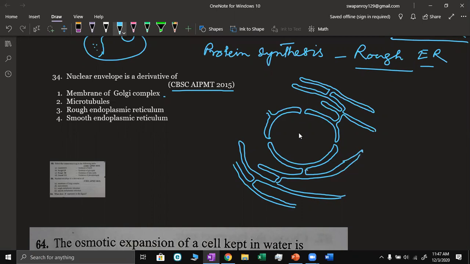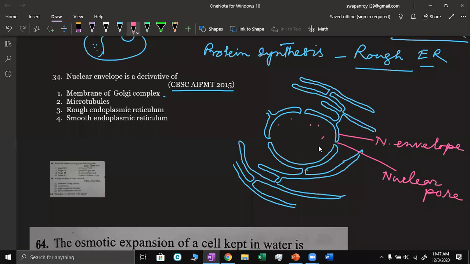If this is the nucleus, this is the nuclear envelope, the nuclear membrane, and these are the nuclear pores.